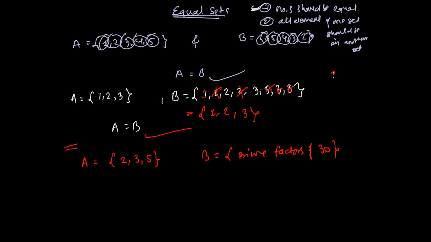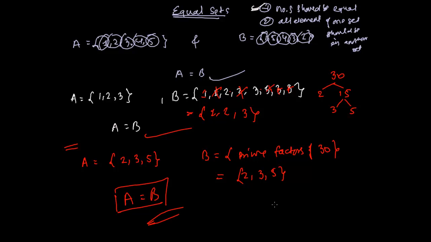Let me do it here: 30 is 2 times 15, and 15 is 3 times 5. So I get 2, 3 and 5 as the prime factors of 30. So 2 3 5 is here, 2 3 5 is here. So I can say now that set A is equal to set B, and this is what equal set means.